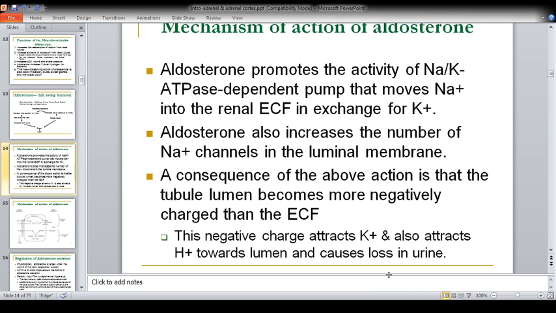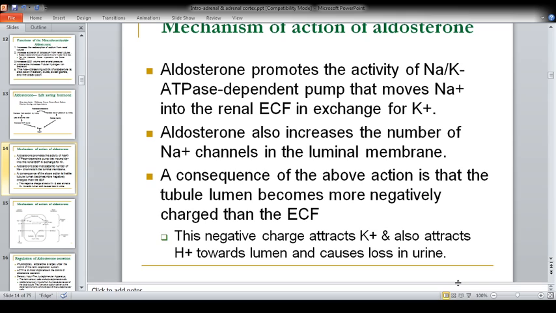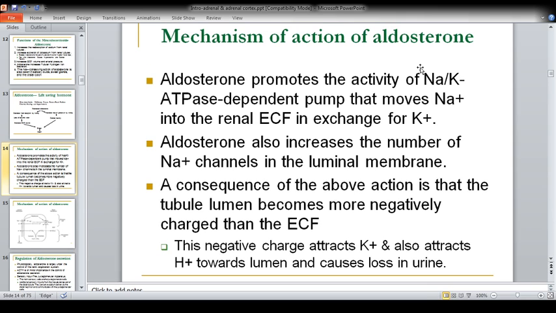Now let's look at the mechanism of action of aldosterone. How does aldosterone act on the renal tubules and on the body? Aldosterone promotes the activity of the sodium potassium ATPase dependent pump that moves sodium into the renal extracellular fluid in exchange for potassium.